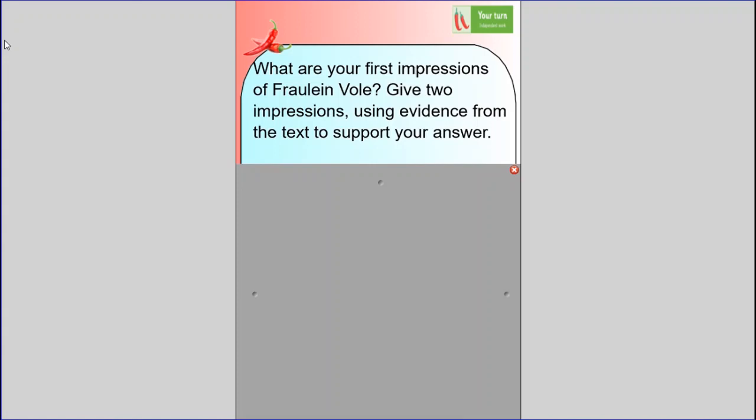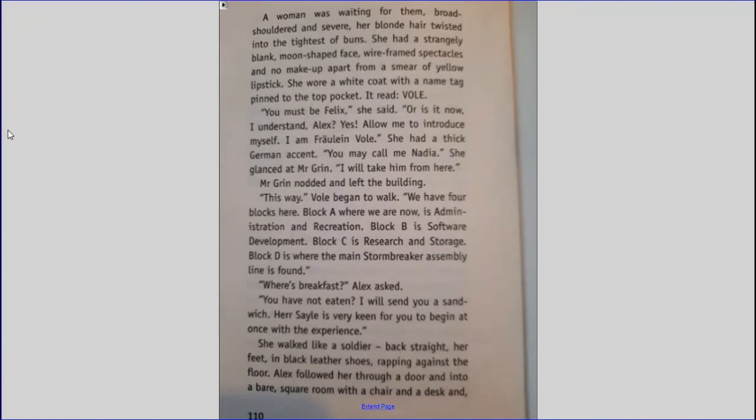Now, for this question, think back to my turn and what my steps to success were in answering the question. Remember, I looked back through the text, I highlighted the important bits of information, description of the character's appearance, the way they acted or reacted to other characters, and anything we know about their history as well. So I have actually got an extract of the text there to help you.